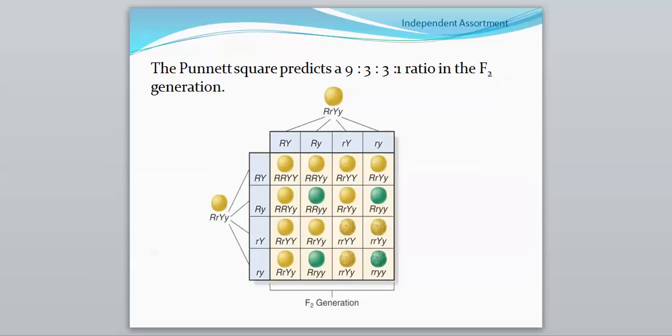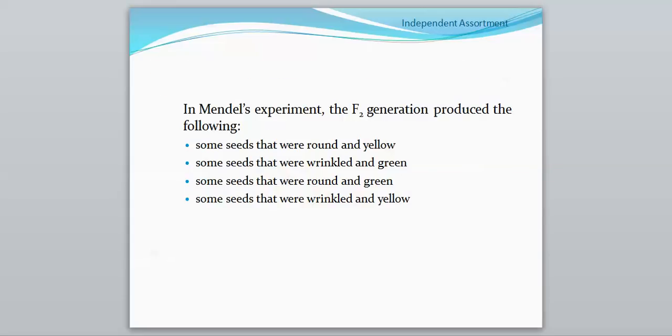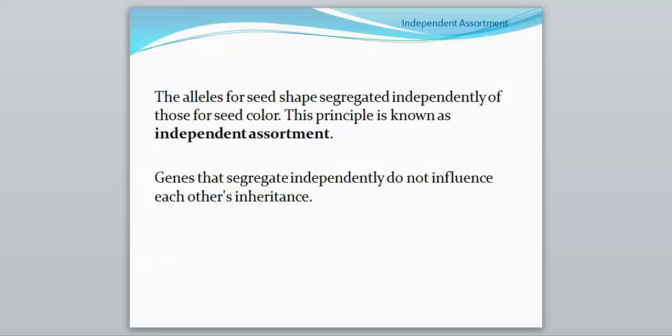And that's exactly what he predicted would happen inside his Punnett square. And so therefore, these alleles for seed shape segregated independently of those for seed color. And this principle is known as independent assortment. So there that important term is there again. And this states that genes segregate independently and they do not influence each other's inheritance.